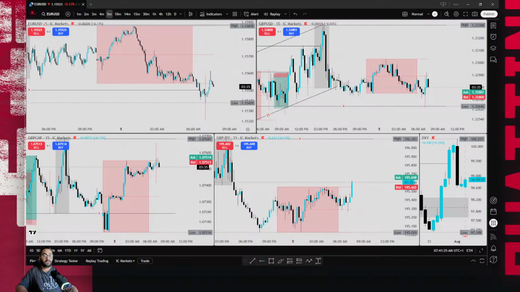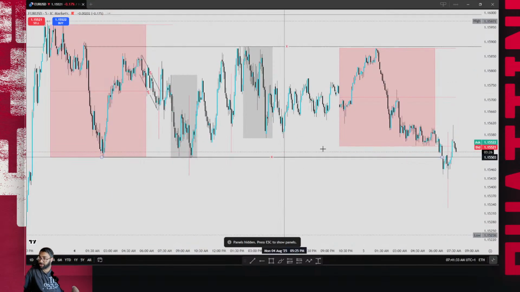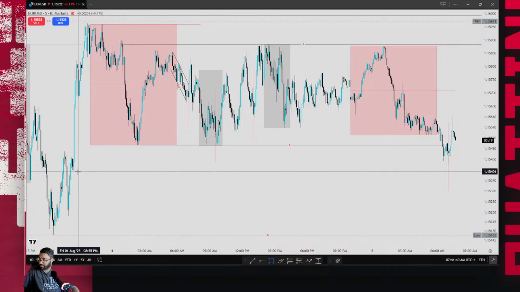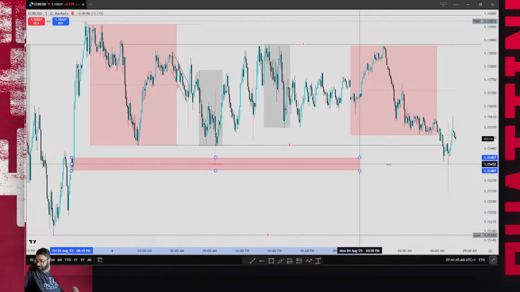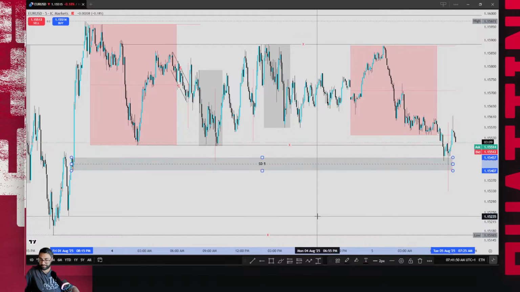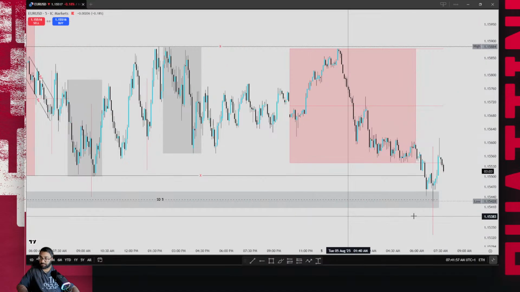Right, let's get moving on these charts then. Right, okay. So let's just start with GU then. So we induced these lows and we tapped into this 5-minute zone.